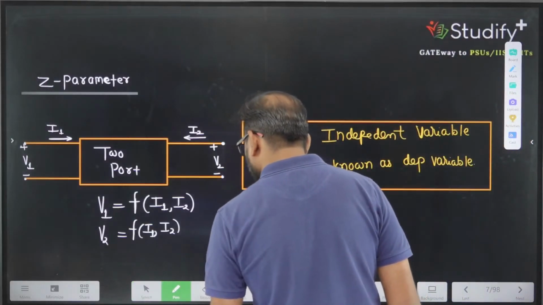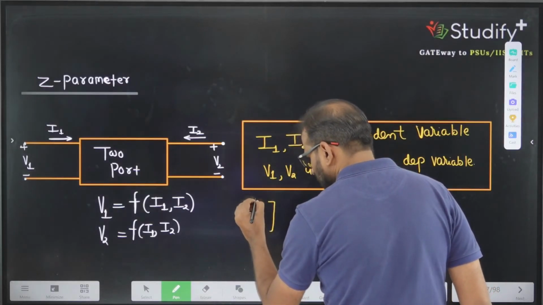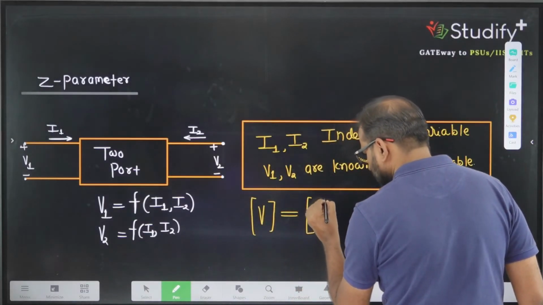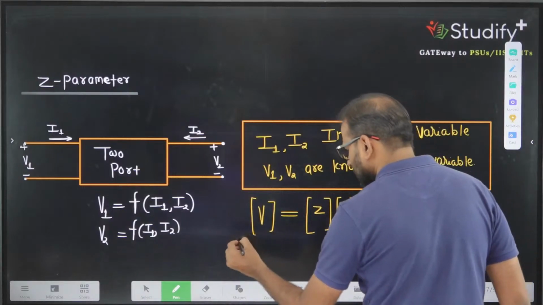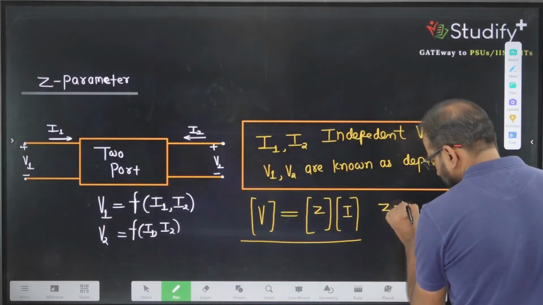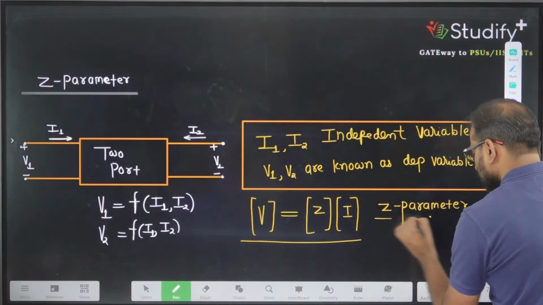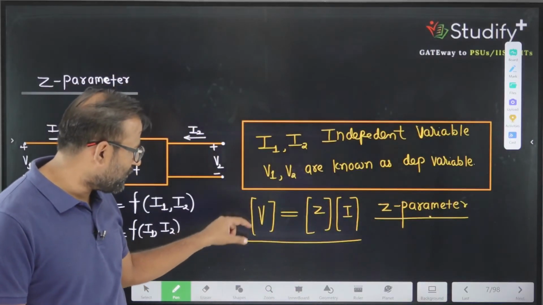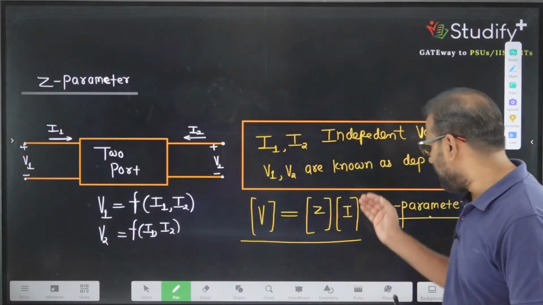How we can write it? The two-port parameter we can write it V equal to matrix of Z into matrix of I. This is known as Z parameter. So we have two ports, so we will write the voltage V1 and V2, and Z, and we will write I1 and I2.